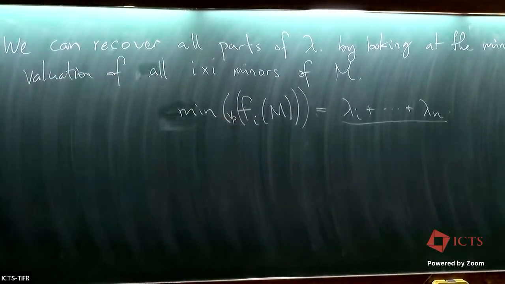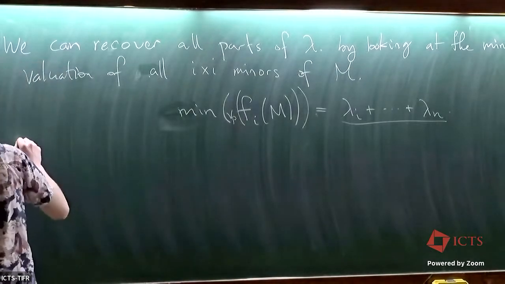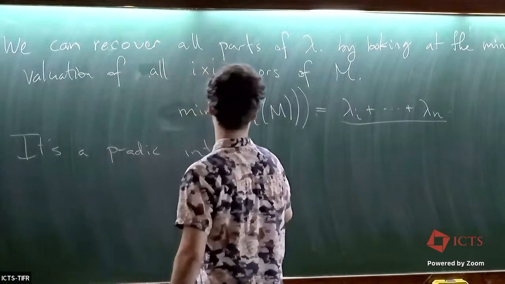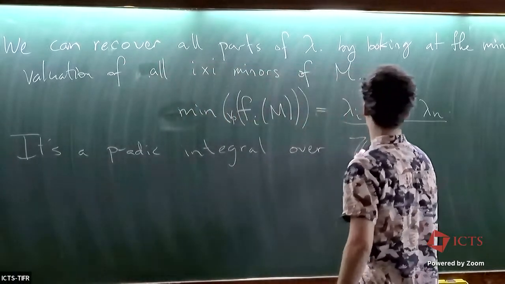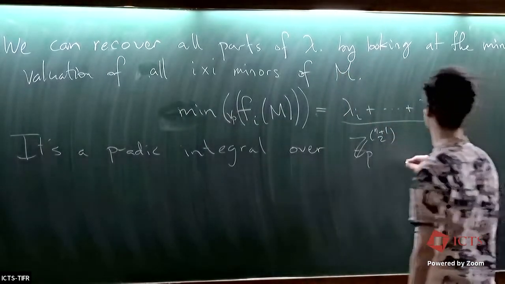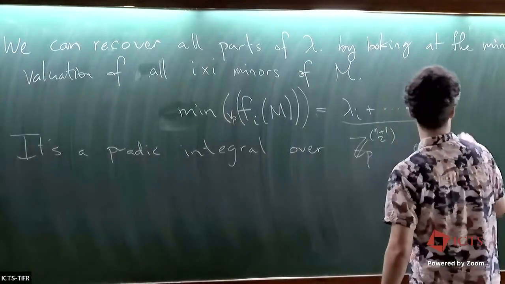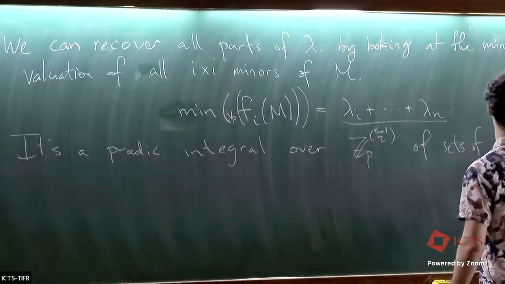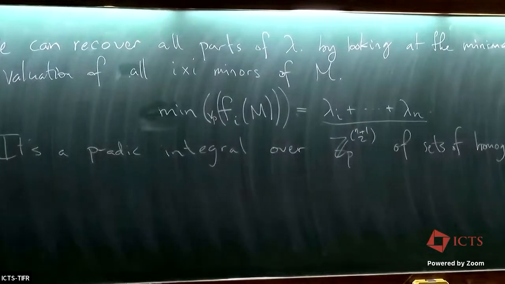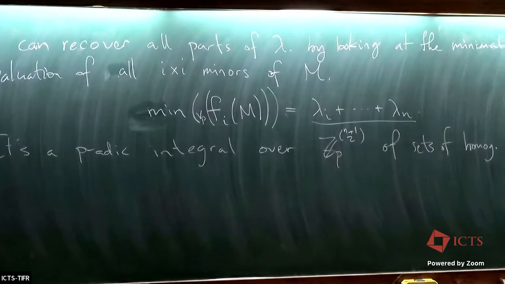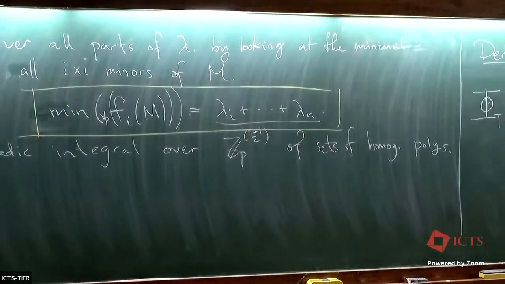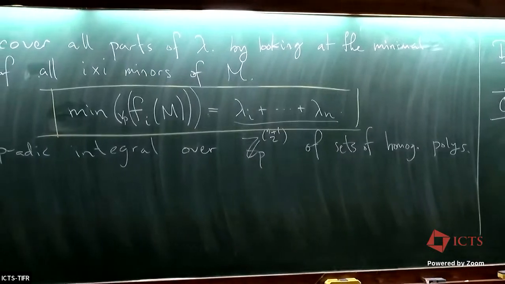I'll spare you those details, but at the end, it's a p-adic integral over Z_p to the n plus 1 over 2 of sets of homogeneous polynomials. Okay, that's all I want to say about how we proved it. But what's a really key idea is that you get this Smith form, the Smith partition, by looking at minors of matrices.